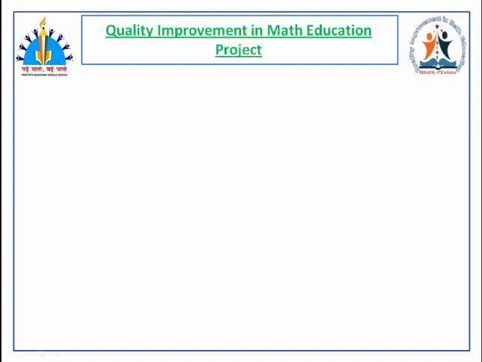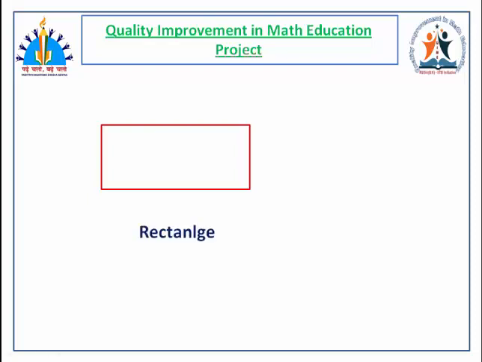Here, observe this figure. Yes, this is a rectangle. These are the four sides of the rectangle. These are the angles, and this is the area of a rectangle.